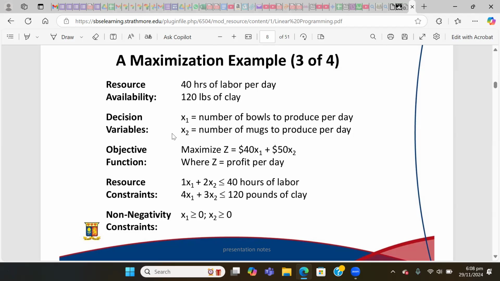Good. So they start with the objective function. Z equals $40 times how many bowls you make, which is X subscript 1, plus $50 times X subscript 2.